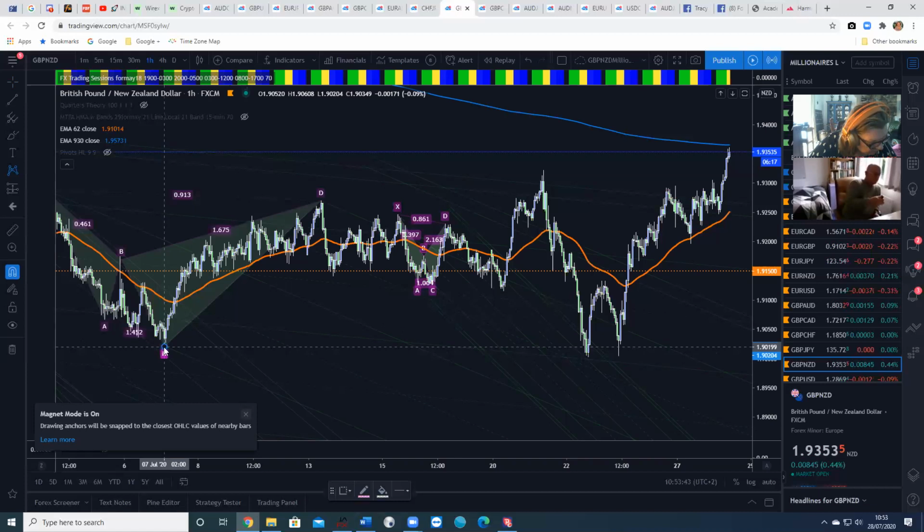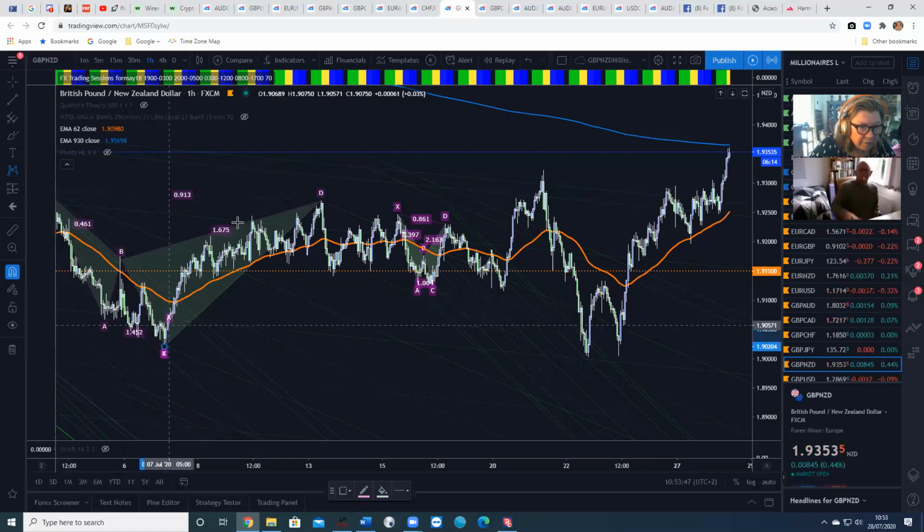The second point is the 13th of July at 08. So that's going to be where that D point is.